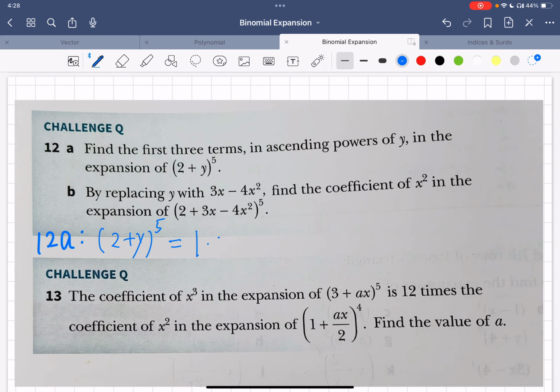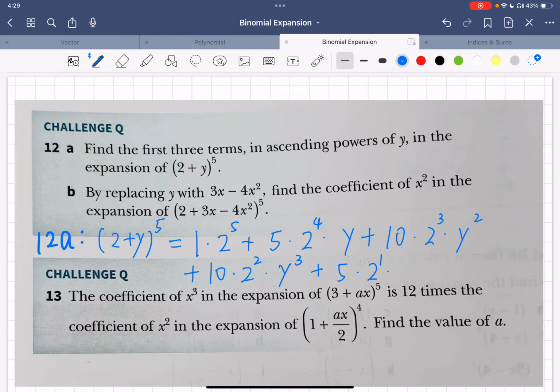1 times 2 to the power 5, plus 5 times 2 to the power 4 times y, plus 10 times 2 to the power 3 times y squared, plus 10 times 2 squared times y to the power 3, plus 5 times 2 to the power 1 times y to the power 4.